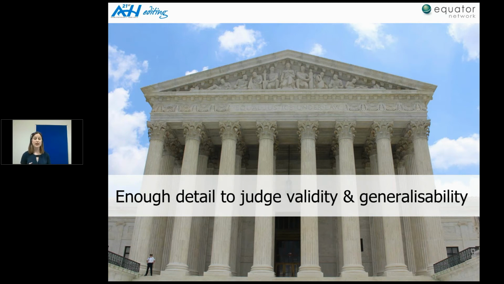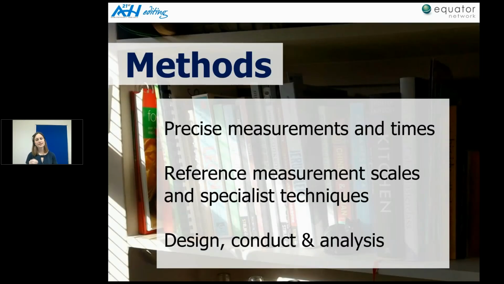When you're thinking about writing your methods, you want to be clear about details that someone who isn't an expert in your field would need. So for instance, if you're using very standard techniques, fine, just list the techniques, name the techniques. If you're using a really specialist technique, give us the reference so we can go and look it up.